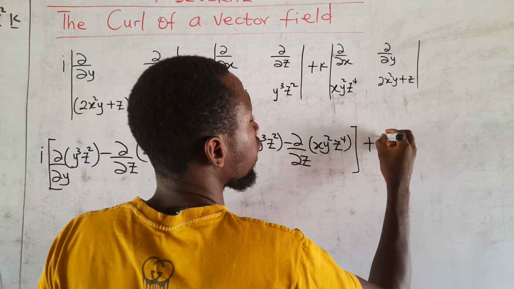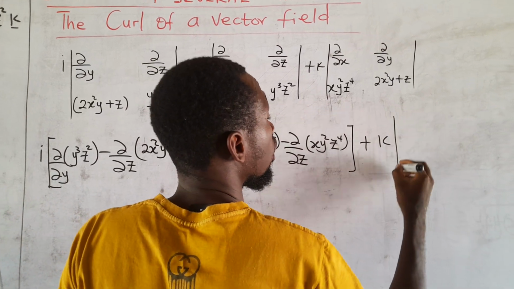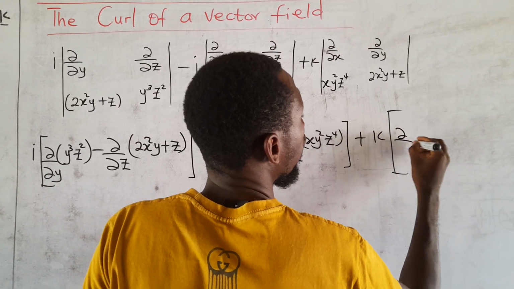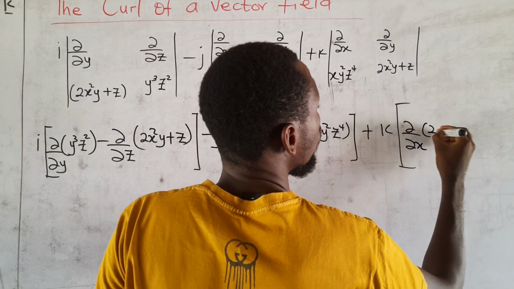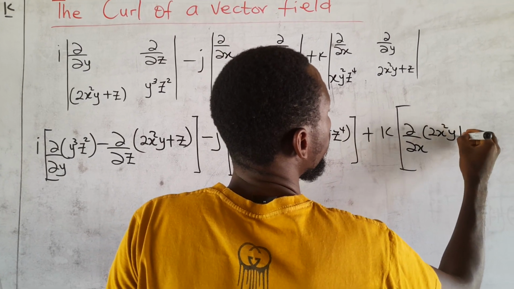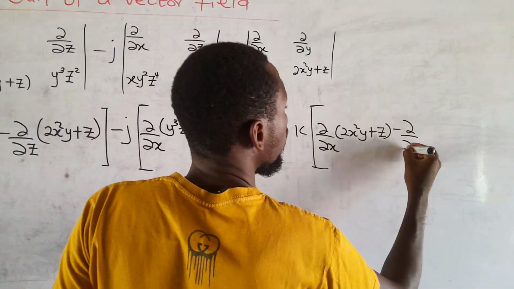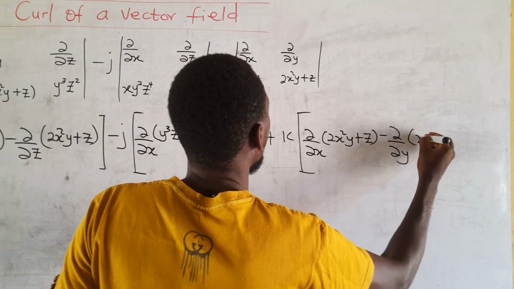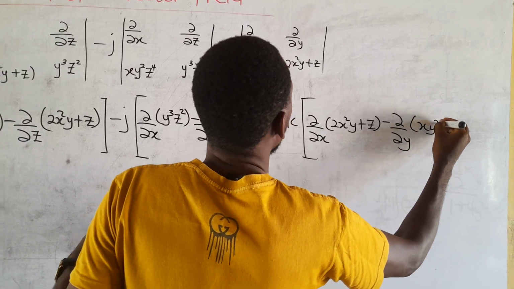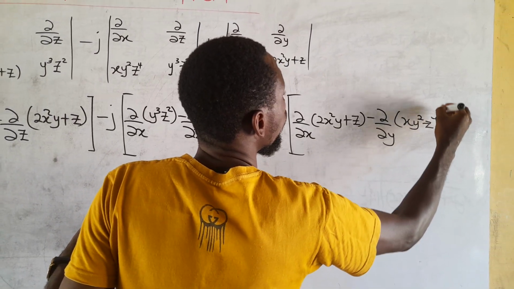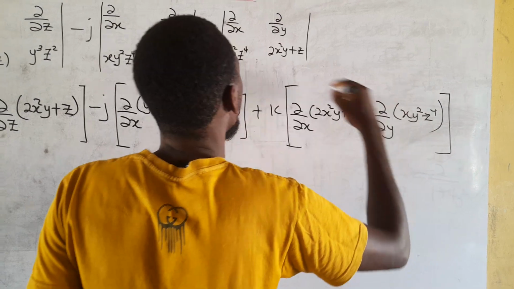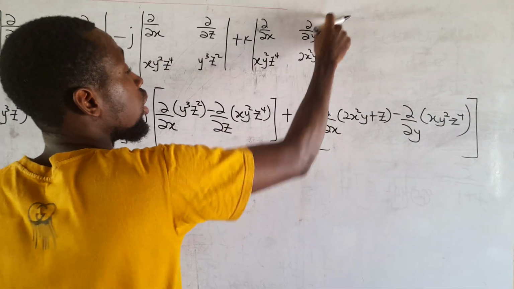Then plus k, del over del x of 2x squared y plus z, then minus del over del y of x y squared z to the power 4. That's finding the determinant. This times this minus this times that.